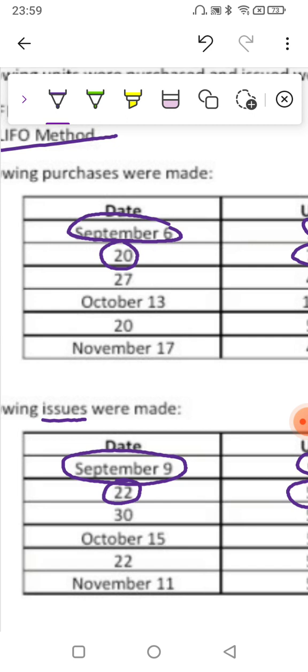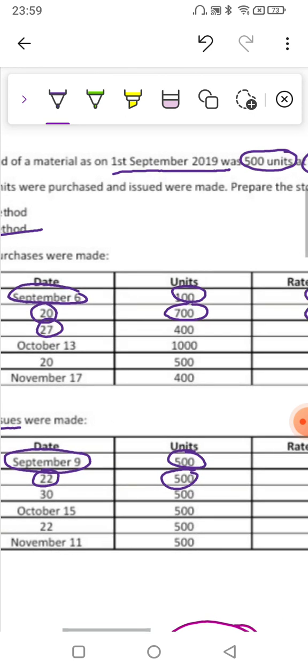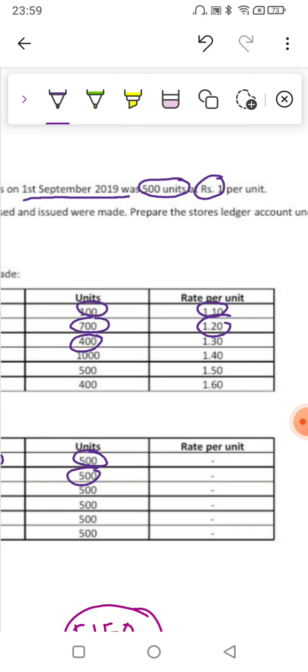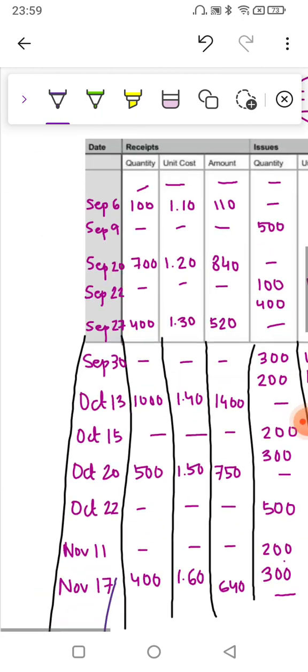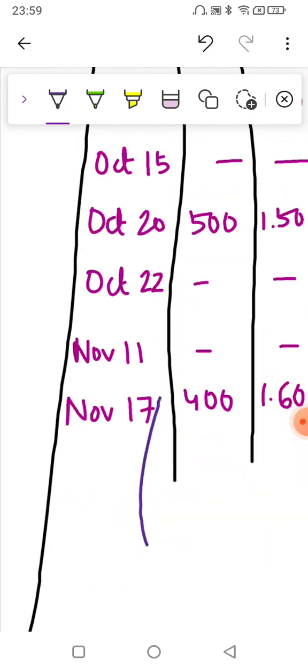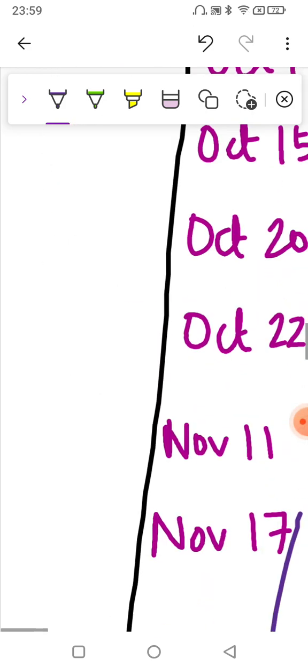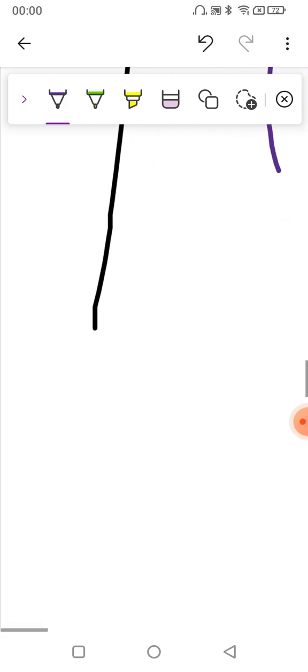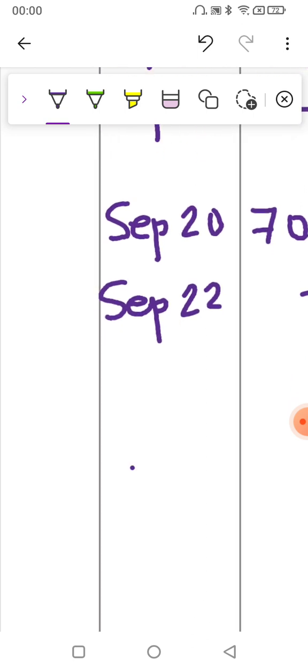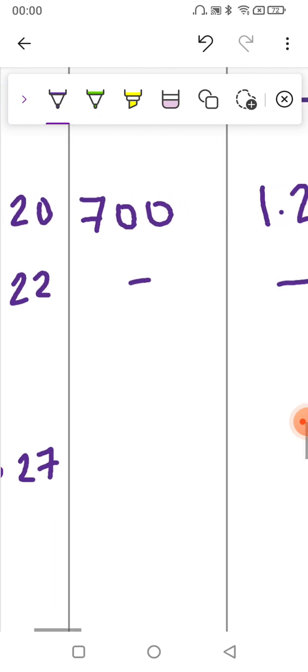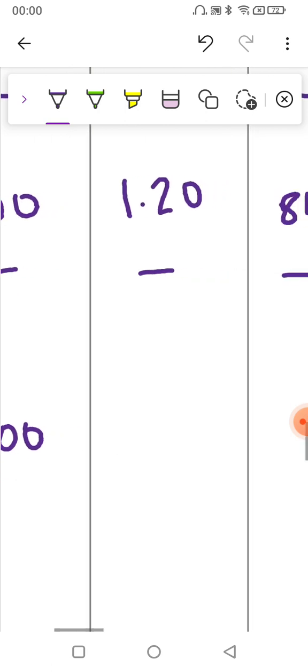The next date we have is September 27. 400 were purchased for 1.30. So let's write it. September 27, 400 units were purchased and the per unit cost was 1.30.